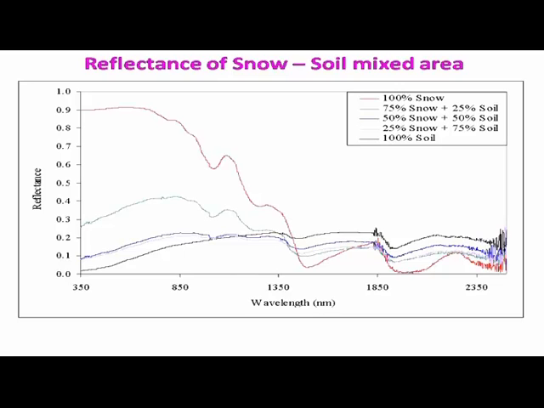We measured the reflectance, and we found that the reflectance decreases as the proportion of soil increases in the visible, and the inverse relation has been observed in the SWIR region. There the reflectance increases with the increase of soil proportion. However, in case of contamination, there was a continuous decrease even in this SWIR region. So with hyperspectral data, you can differentiate between contaminated snow and patchy snow.